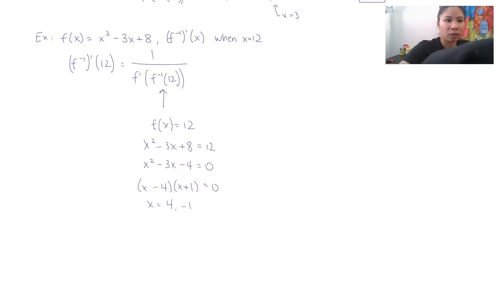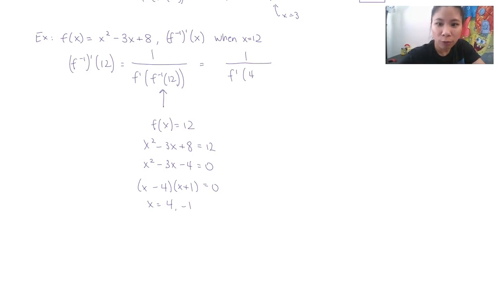Okay. If I get two answers for x here, that means I'm going to end up with two answers overall when I look for the derivative of the inverse at x equals 12. So from here, we are basically following the formula again: f prime of 4, and we also need to find f prime of negative 1, because those were the two numbers that I got for when the inverse at x equals 12.